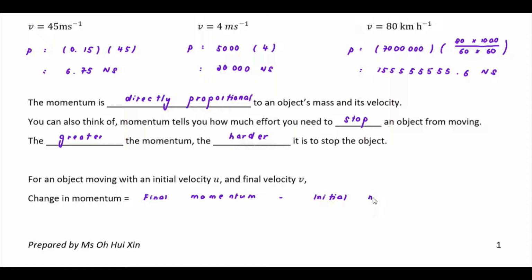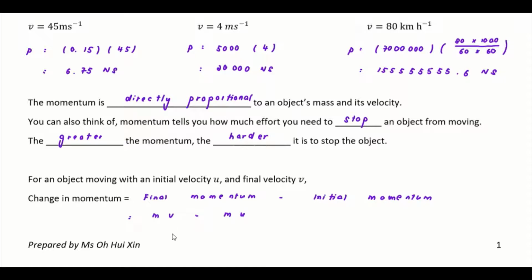Okay, so for the final stage, we have a final velocity of v. So the mass is m, then v, correct? Then minus the initial momentum, so the mass multiplied by the initial velocity, which is u. So you can realize that you are going to use this mv and mu a lot later.